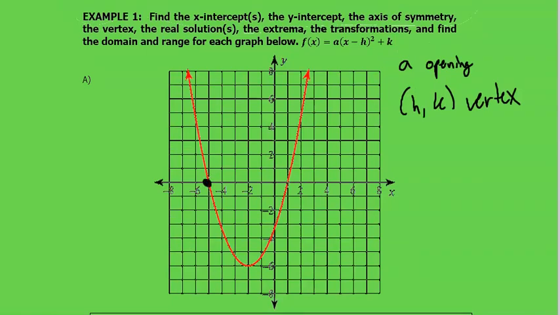So the x-intercepts are going to be where it crosses the x-axis. That'll be at -5, 0 and 1, 0. The y-intercept is when it crosses the y-axis.